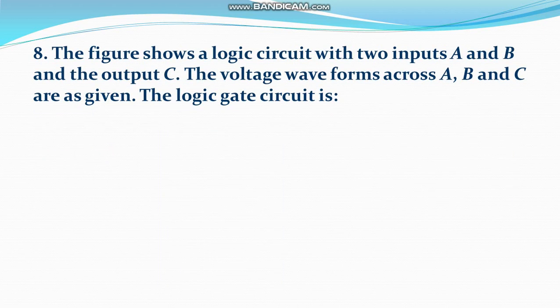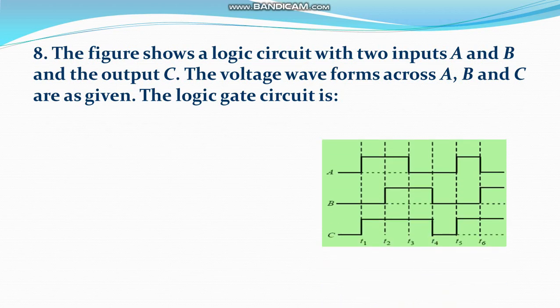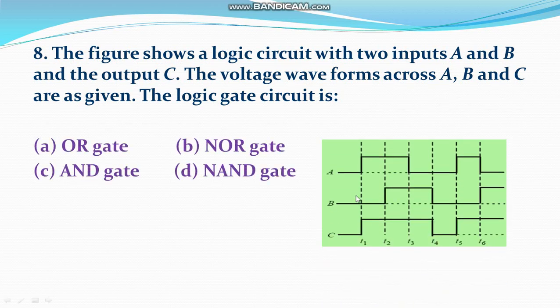Next question. The figure shows the logic circuit with two inputs A and B and output C. The voltage waveforms A, B, C are as given. The logic gate circuit is. Yes, here input A, B are 0, 0, then output is also 0.